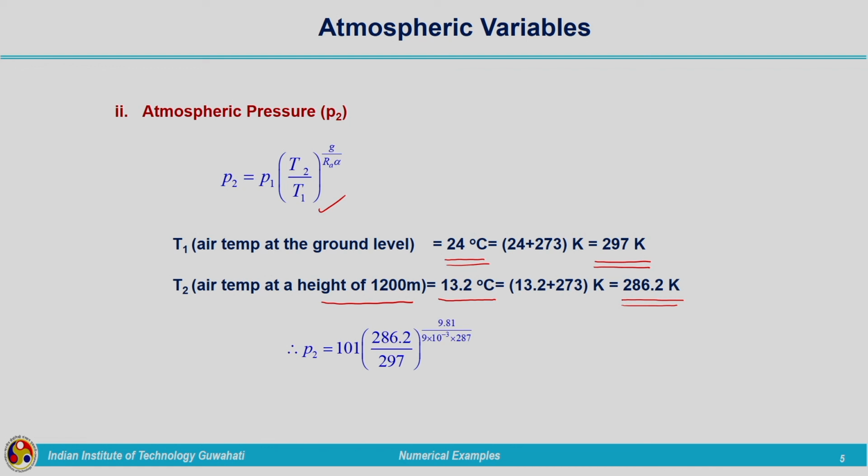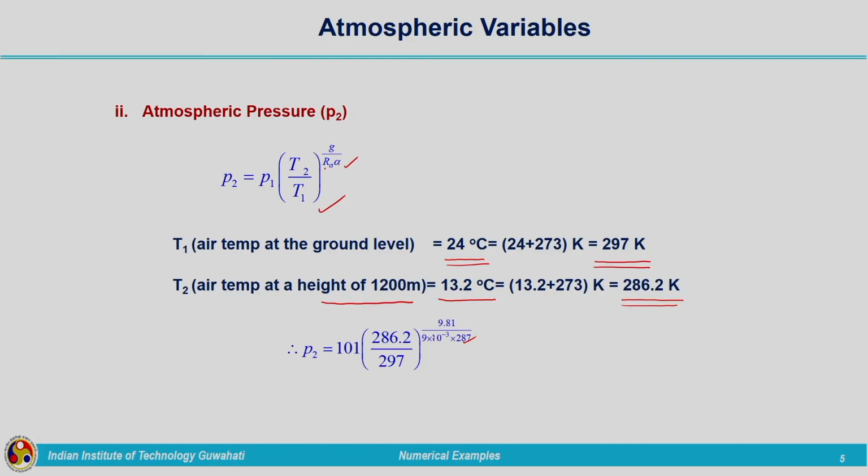One thing you need to be very careful about here: we have P2 equal to P1 multiplied by T2 divided by T1 to the power of g divided by Ra alpha. So, Ra we know the value is 287, alpha should be in SI unit. What is the unit of alpha? Degrees Celsius per kilometer, that is 9 degrees Celsius per kilometer.